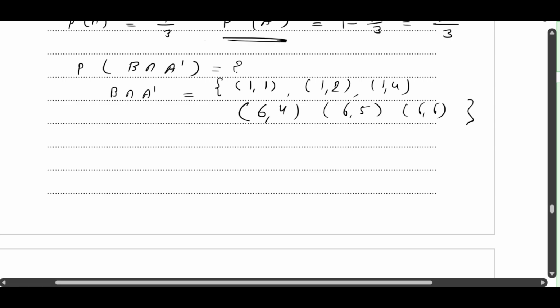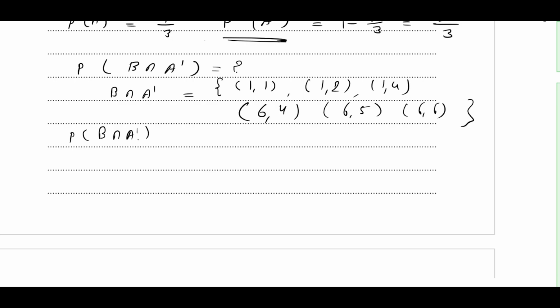If I am getting these results, then it is the intersection. So the probability of B intersection A complement is 1 upon 36 for each. So 1 2 3 4 5 6, 6 results are there, so 6 times 1 upon 36, or you can say 1 upon 6. So this is B intersection A complement.